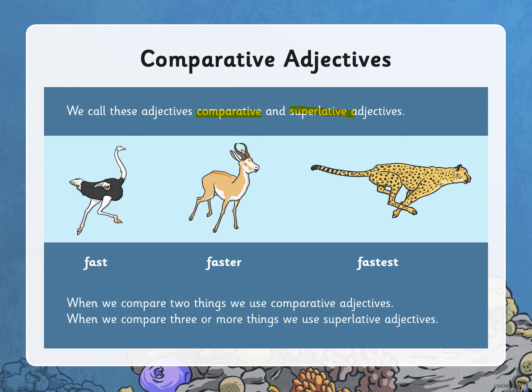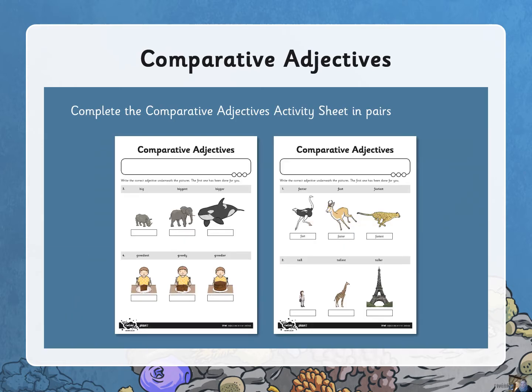When we compare two things, we use comparative adjectives. One might be tall, but the other might be the taller. And when we compare three or more things, they're superlative adjectives. So they are the tallest, or in this case with the animals, the fastest.